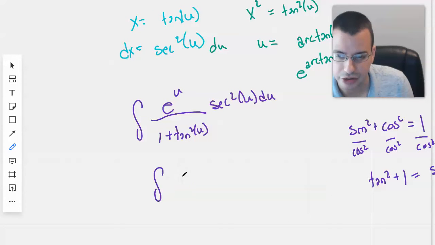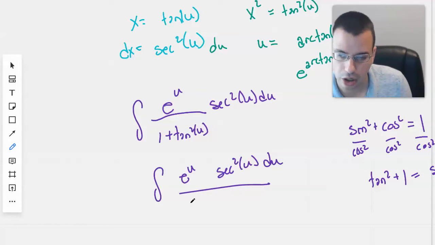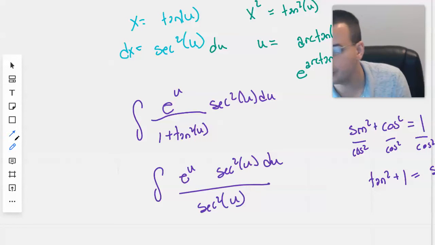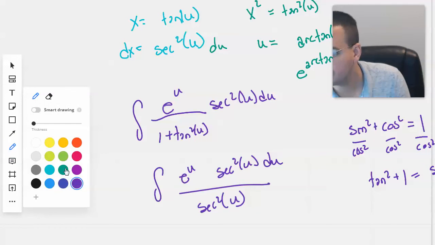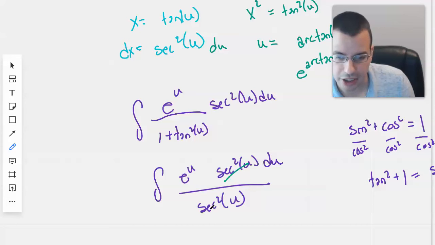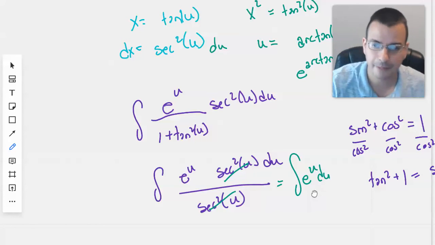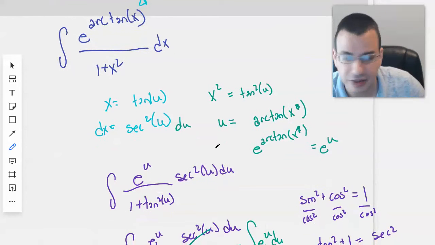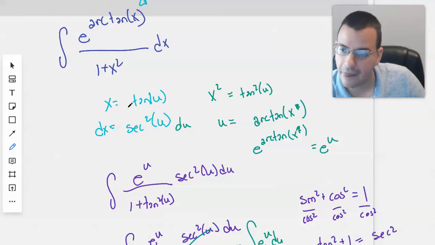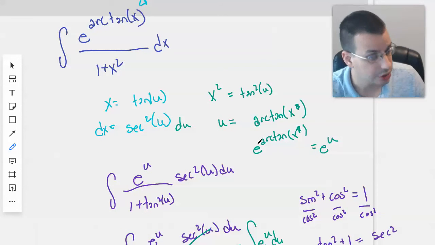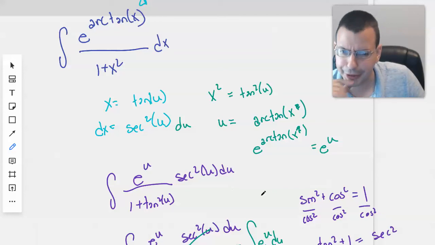So we have the integral of e to the u secant squared of u du all over secant squared of u. I don't like that green. There we go. Cancel, cancel, and we're left with the integral of e to the u du, which we do know how to solve. So that arctangent of x that we were so worried about actually just took care of itself, which was nice.